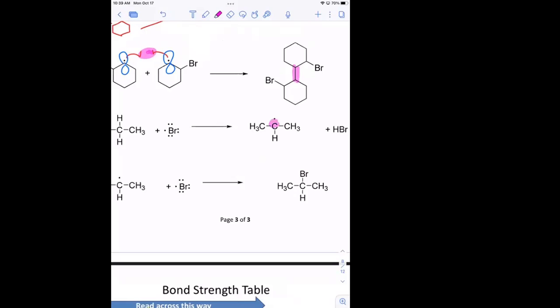This process, you're going to see a million times when we're doing these radical substitution reactions. When I pull off a hydrogen with a radical, it's a process called abstraction. And the mechanism for abstraction never changes.